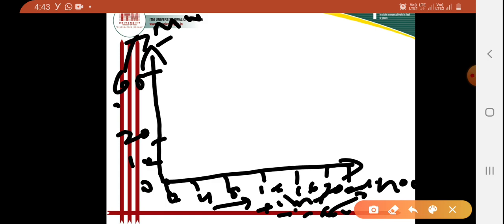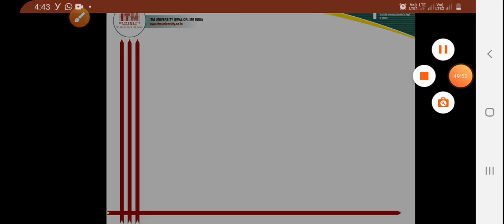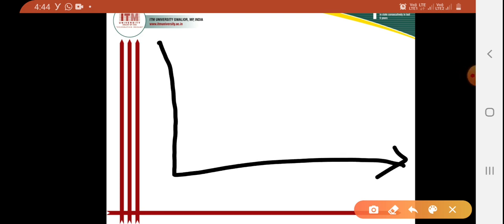Again, I am plotting the daily load curve.